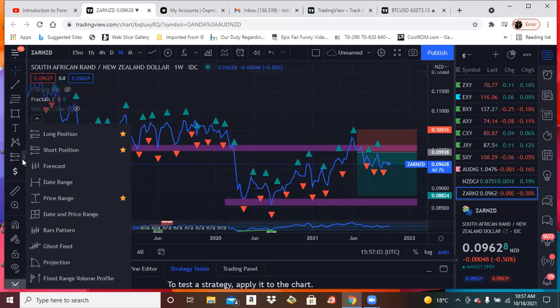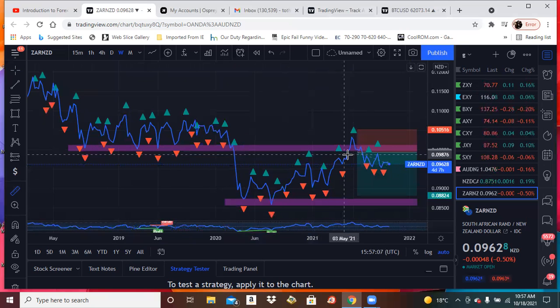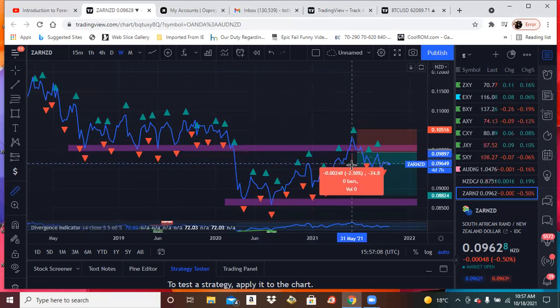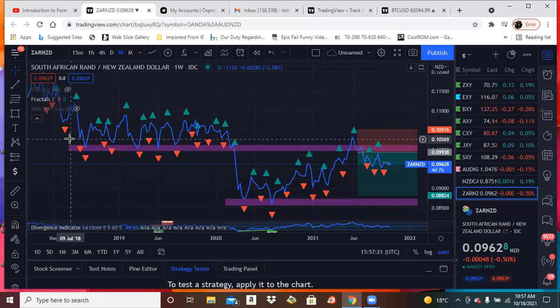Where's the little thingy at? All right. What's that? 37.2. Perfect. I would have put the stop loss at break even, and this would have been a risk-free swing trade at this point. Risk-free swing trade, you can't beat that.